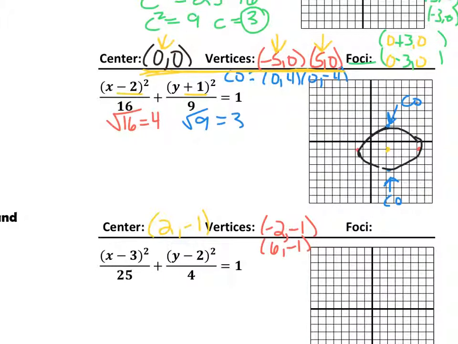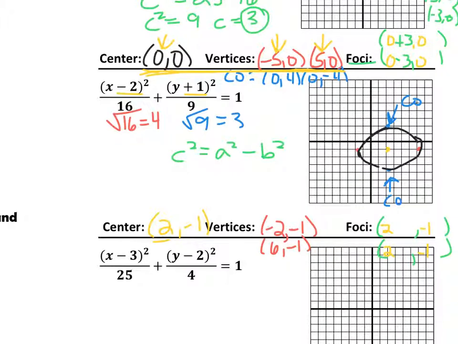Okay, now let's look at foci. So I have 2 foci. And we're going to write our coordinates for our center, 2, -1 and 2, -1, and calculate c squared equals a squared minus b squared.